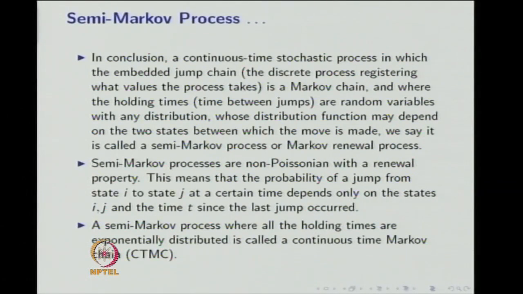The semi-Markov processes are non-Poissonian with the renewal property. This means that the probability of a jump from a state i to j at a certain time depends only on the states i, j and the time t since the last jump occurred.